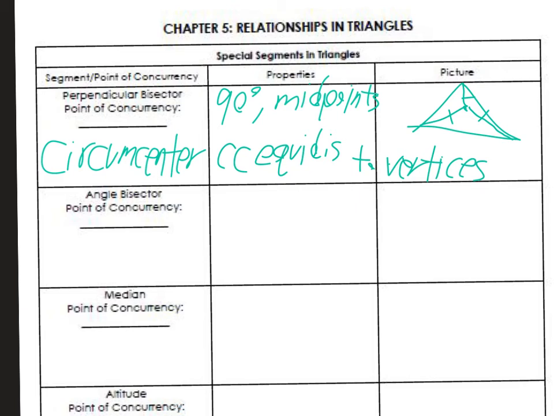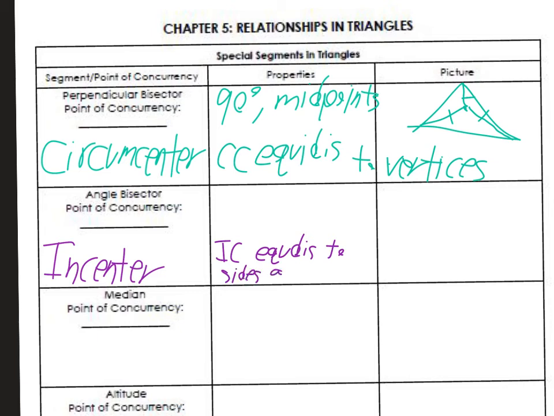Angle bisectors. Angle bisectors have a point of concurrency known as the incenter. The incenter, in turn, is equidistant to sides at a 90-degree angle.